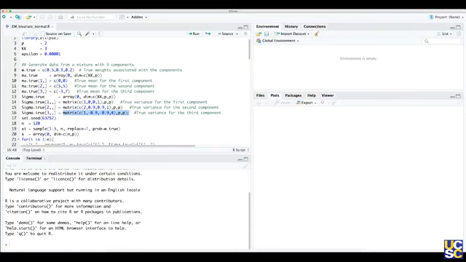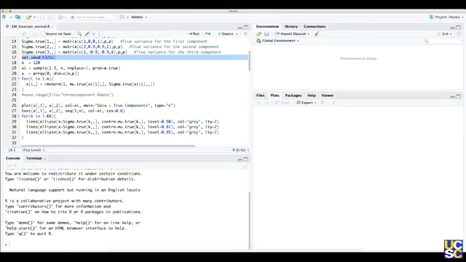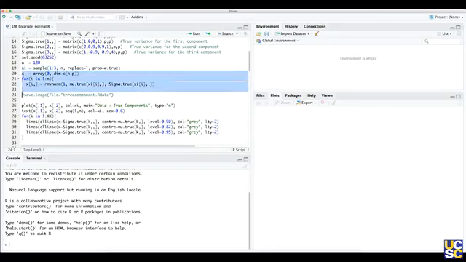So again, we set the seed so that you can reproduce the results that we're going to show. We again work with 120 observations, and the structure is very much the same. So we first select which components each observation belongs to, and then we generate the observations accordingly from that component.